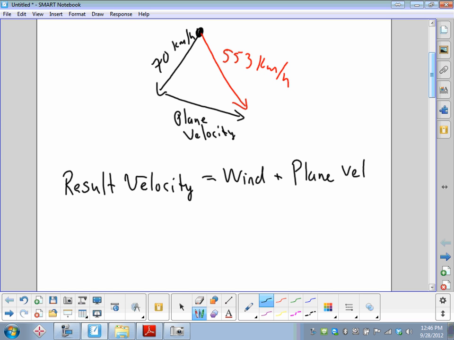Our resultant velocity we've already calculated. So just rearranging that a little bit, the plane velocity, I'll call this VP, has to equal the resultant velocity, I'll just call that VR, subtract the velocity from the wind. Similar to a question that we did earlier.